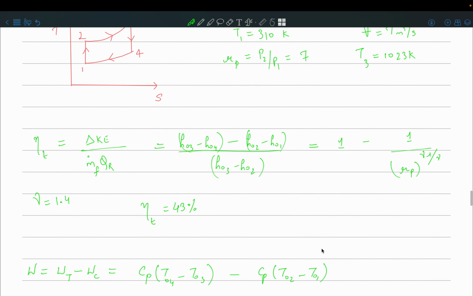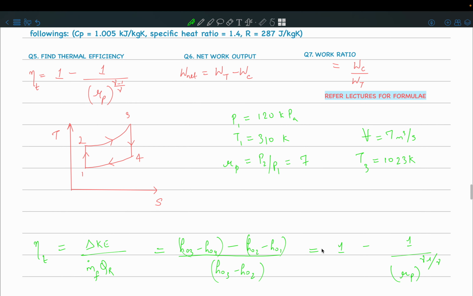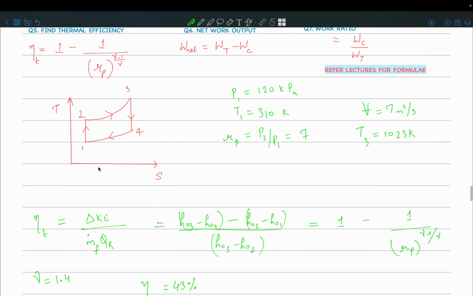Now what all information do we have? Do we have T04, T03? Do we have all these values? How will we find them? We have T03 and T01, and we need to find T04 and T02. So for 1 to 2 we have the compressor pressure ratio, so we can use the adiabatic relations and find it. What about 3 to 4?